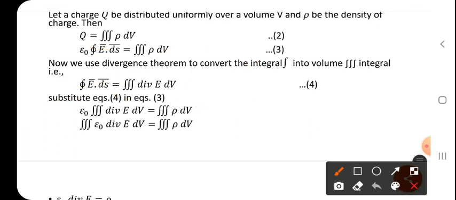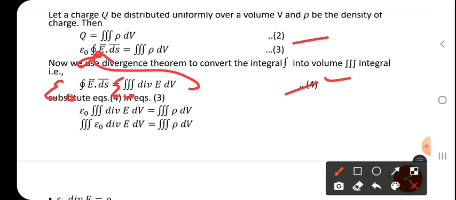So friends, what I forgot here is to multiply epsilon naught on either side of equation 4, then only are equations 4 and 3 the same. Substitute this term here, then this equation will come.